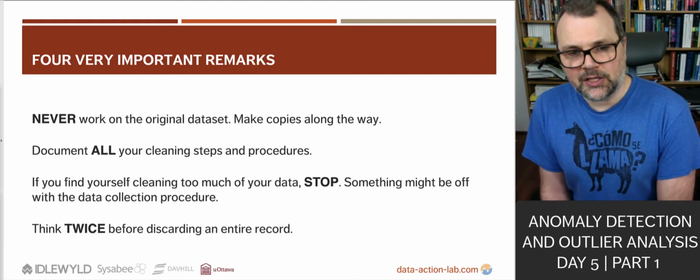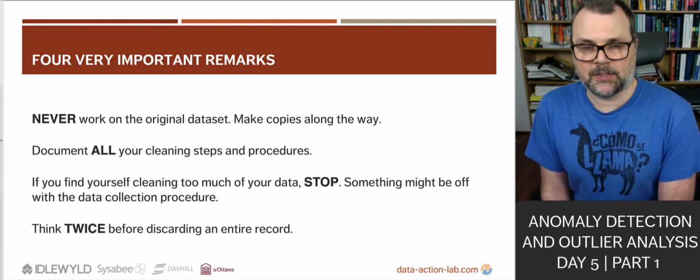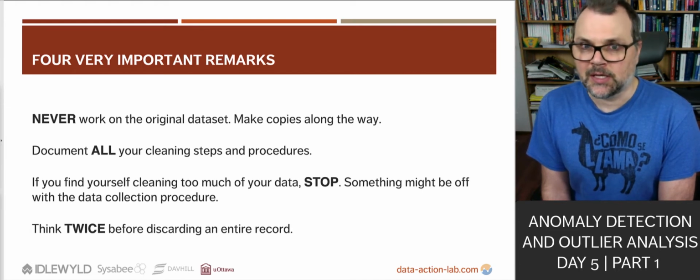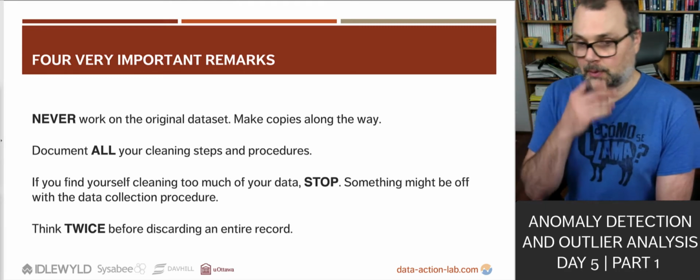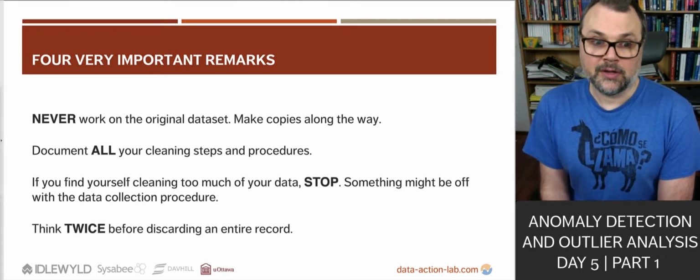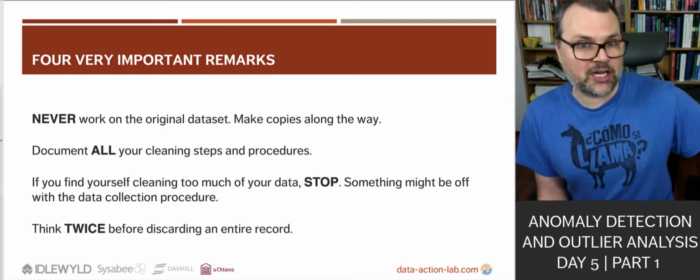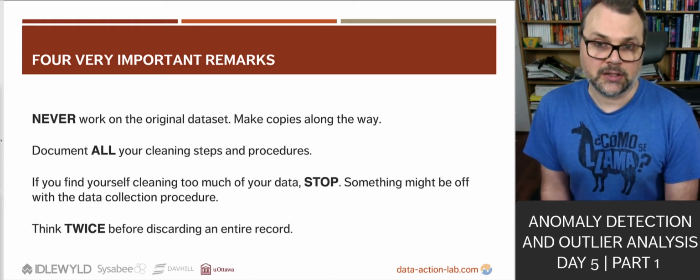If you end up finding yourself cleaning too much, that you're always fixing 80% of your observations, say, then you need to stop. You need to question whether there's something wrong with the data collection procedure or some other stage that came before you start cleaning the data.